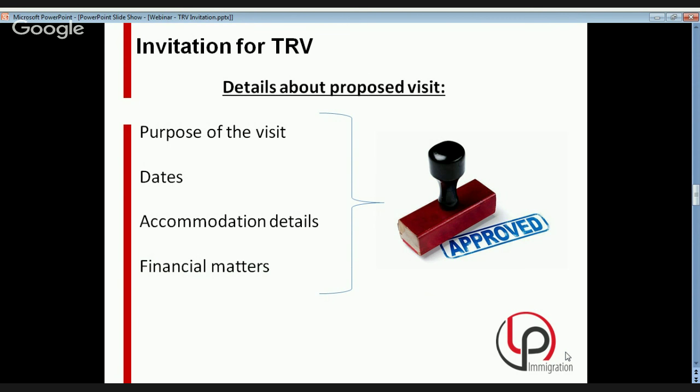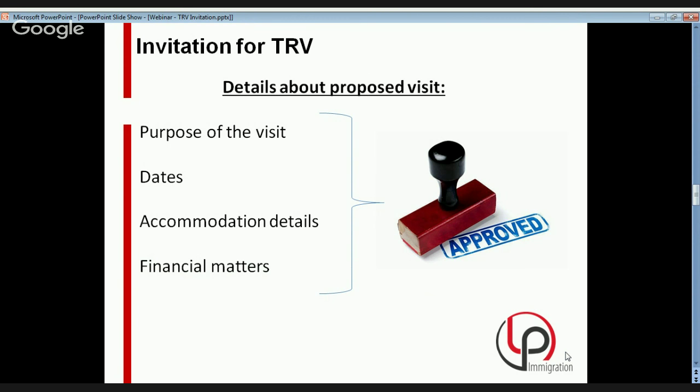Talking about the letter of invitation, here are a few promised examples of how a reason for a visit could be described or justified. For example, a person invites a brother after years of separation to show him or her the Greater Toronto Area, Niagara Falls in Canada, Ottawa, and Montreal.